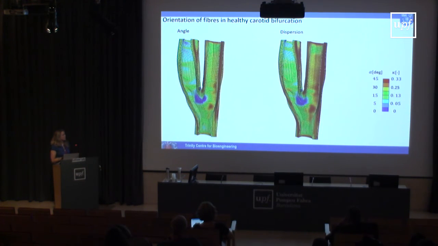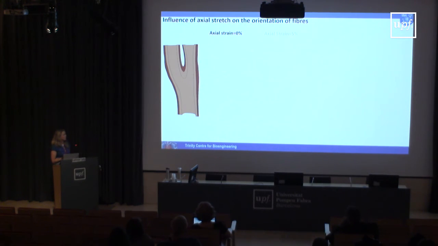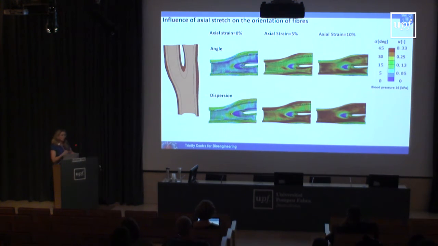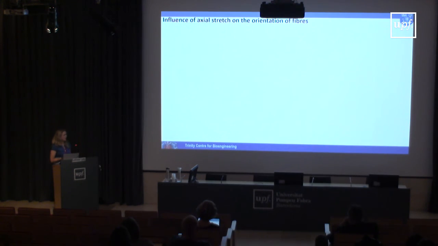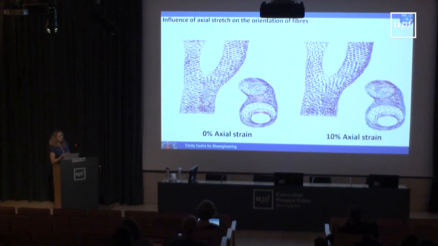So using this, we looked at this for a couple of vessels. We were able to look at these for different axial strains and see that, yes, in fact, our dispersion and our fibre angle will go more towards the axial direction as we increase axial strains. And you can just see this displayed in this way here. This is 2 vectors representing those families of fibres.